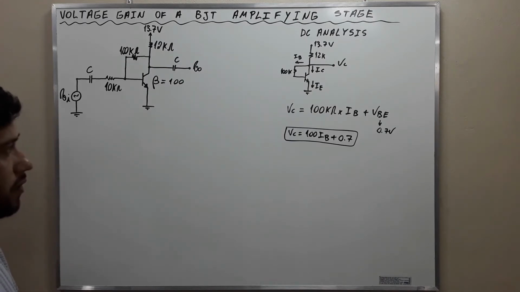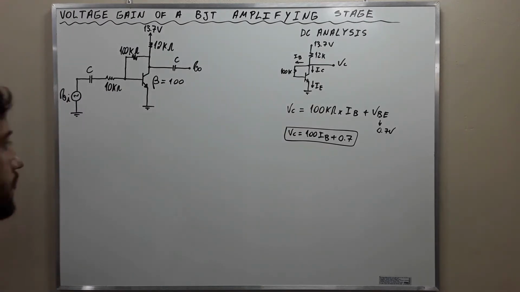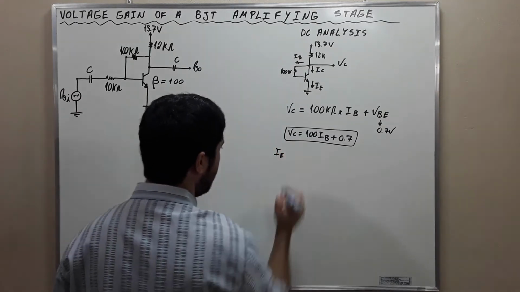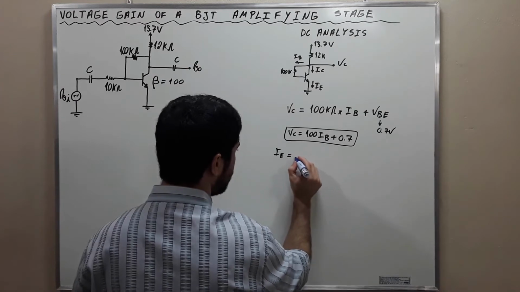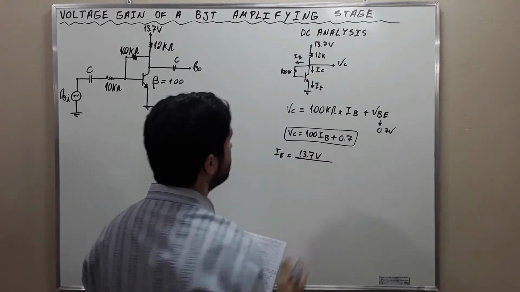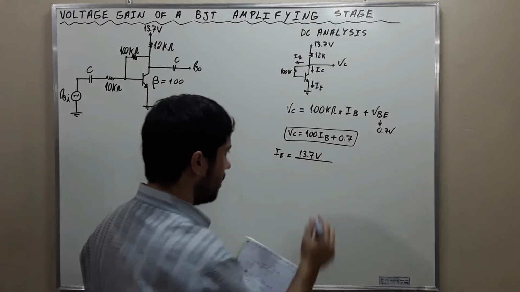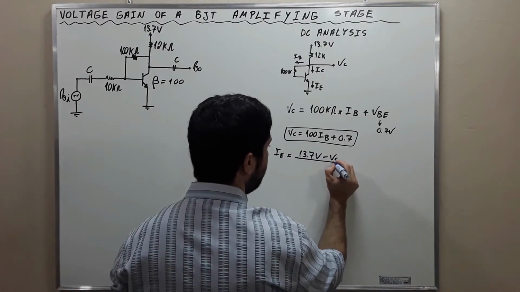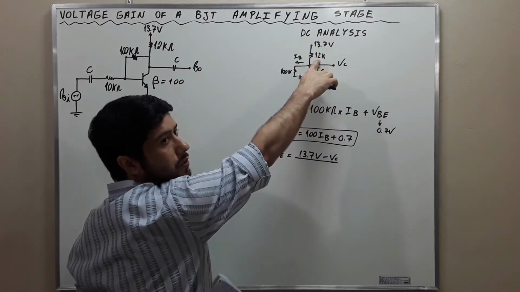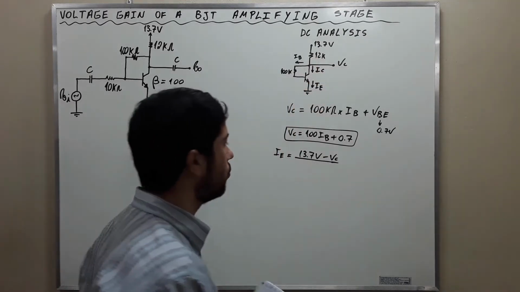The emitter current is given by IE is equal to 13.7 volts, this voltage here, minus VC divided by this resistor here, whose resistance is 12 kilo ohms.